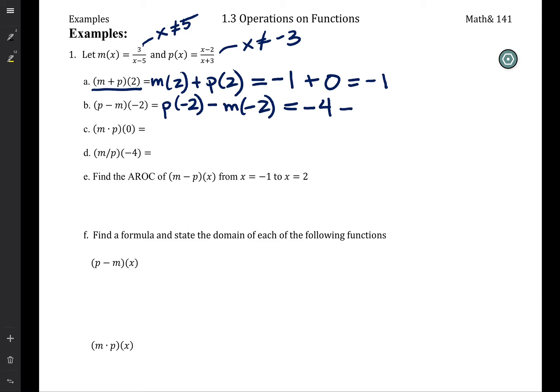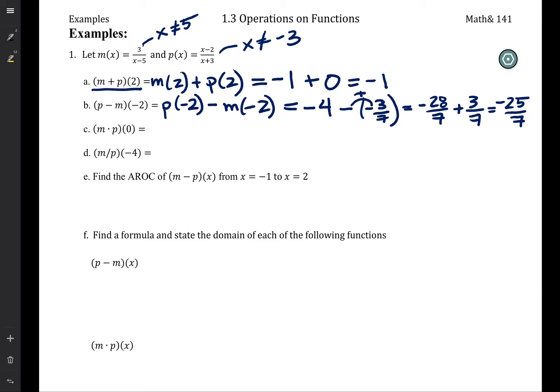M of -2 is 3 over -7, so it's -3/7. So that's going to become a plus. And I'm going to get a common denominator of 7. I'm going to multiply 4 by 7, -28/7 plus 3/7 is -25/7.